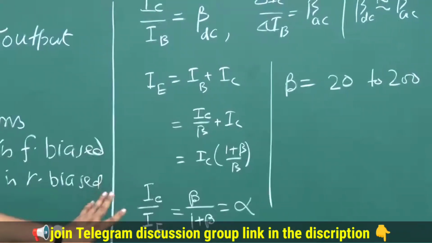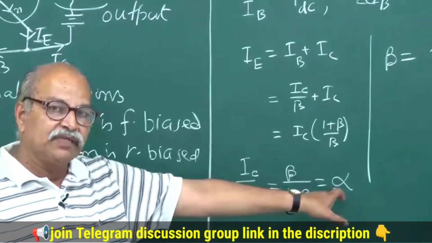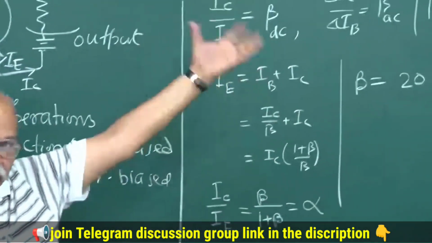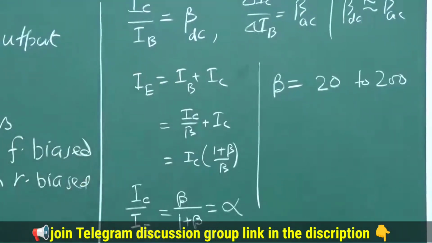So alpha will be a number close to 1, 0.98, 0.99, 0.995, whereas beta will be a big number, 50, 70, 200, 100. So, that is alpha and beta.